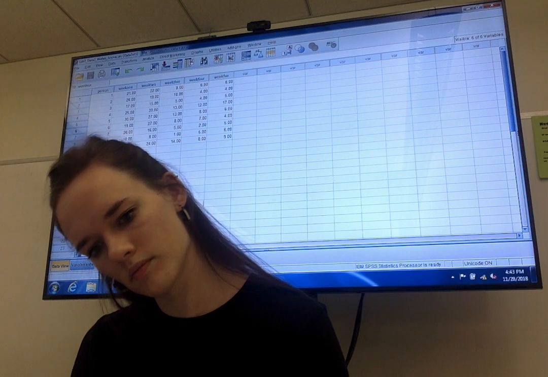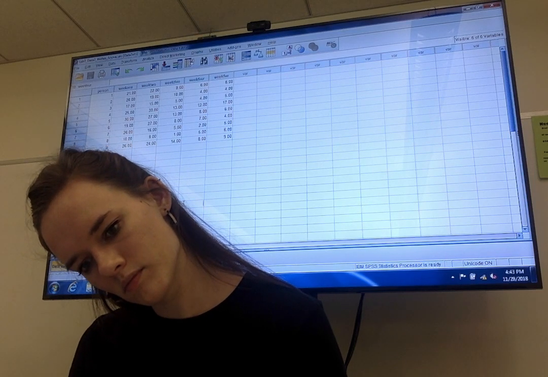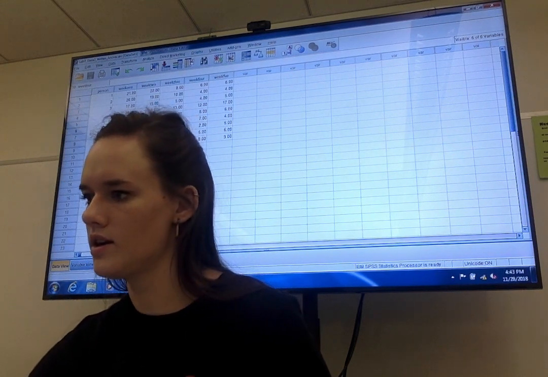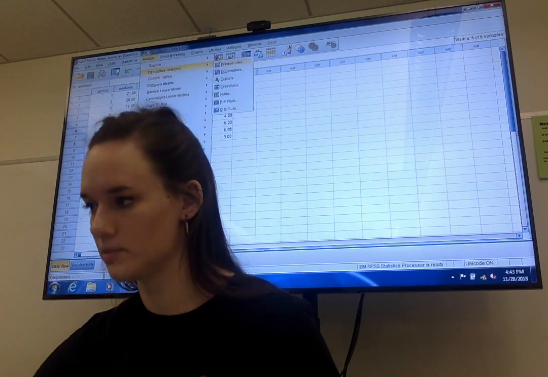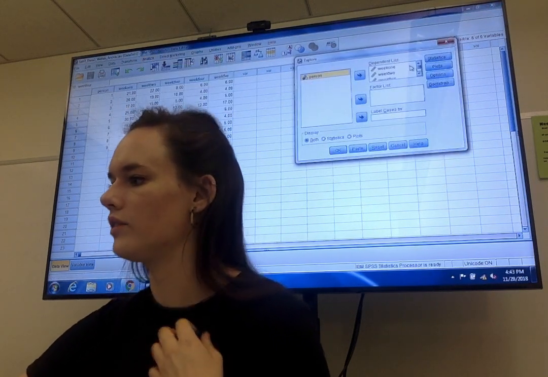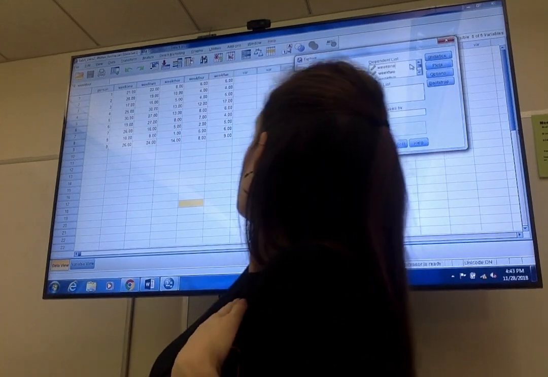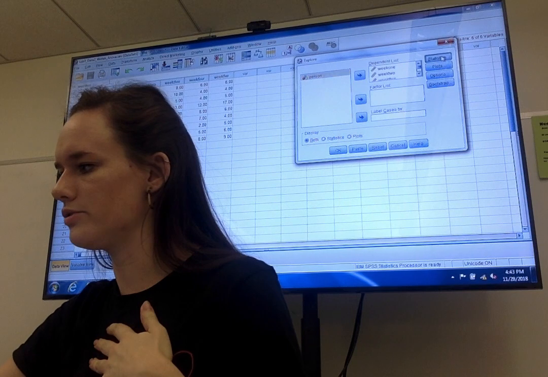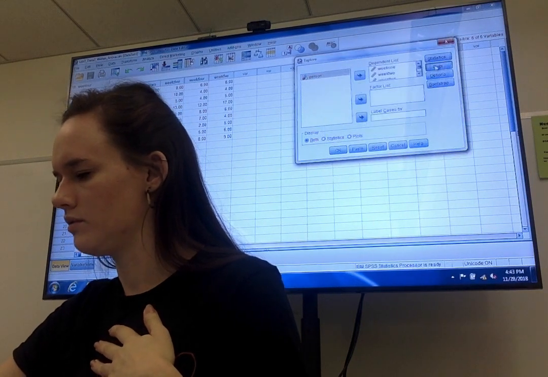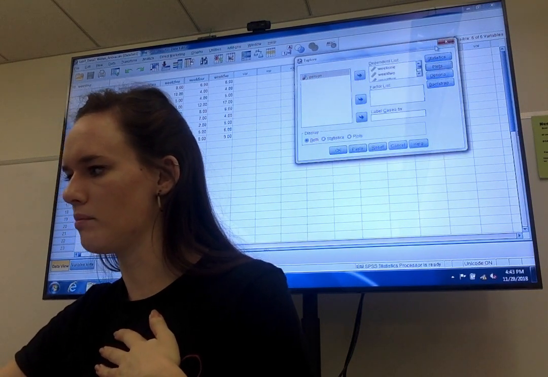It's open. So we go to Analyze, Descriptive, and then Explore, and then put each week over to the dependent list, and then click the stuff that you usually do, and then it'll pop out.